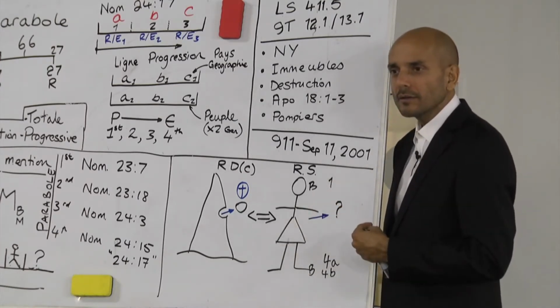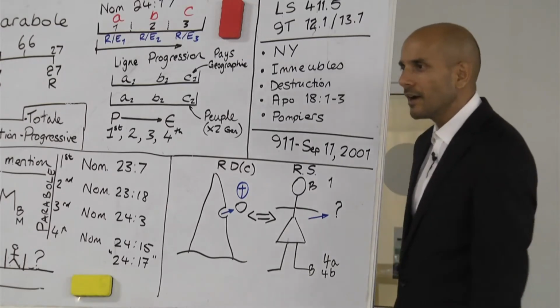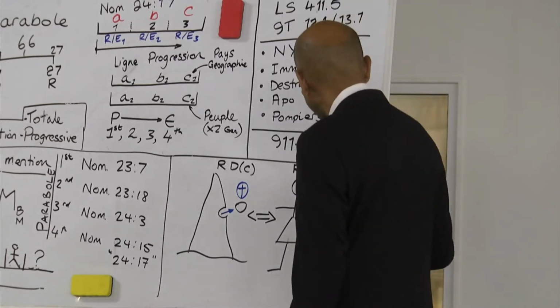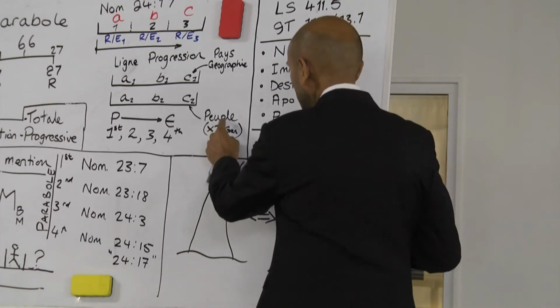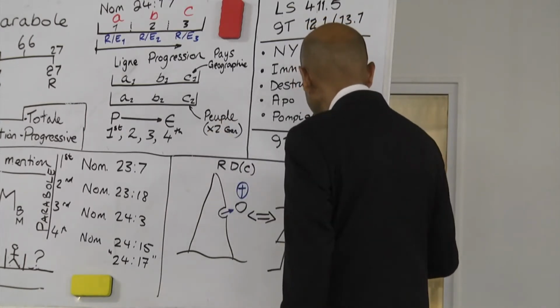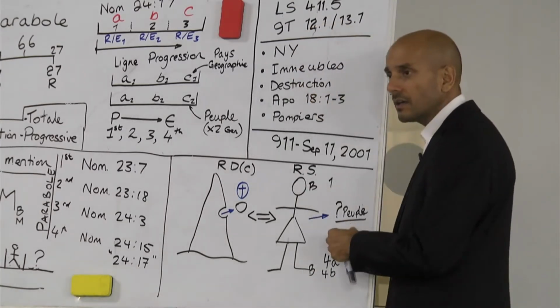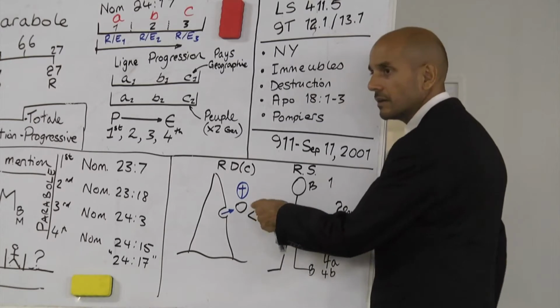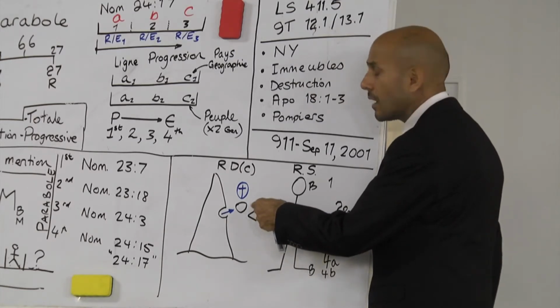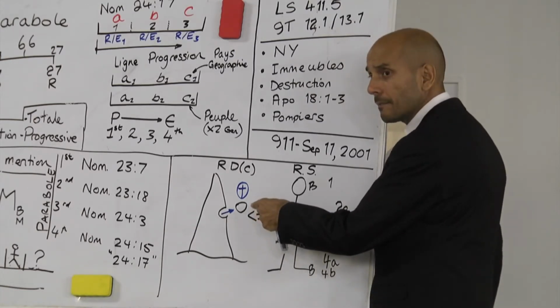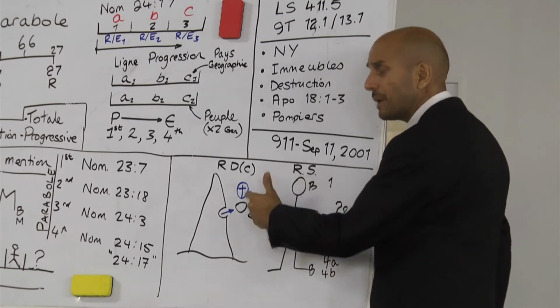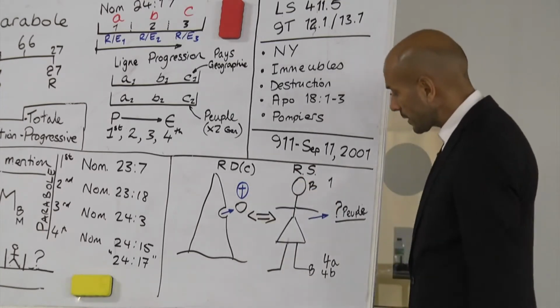My people. If there are people coming out here, what must these be? Has to be people. People and people.